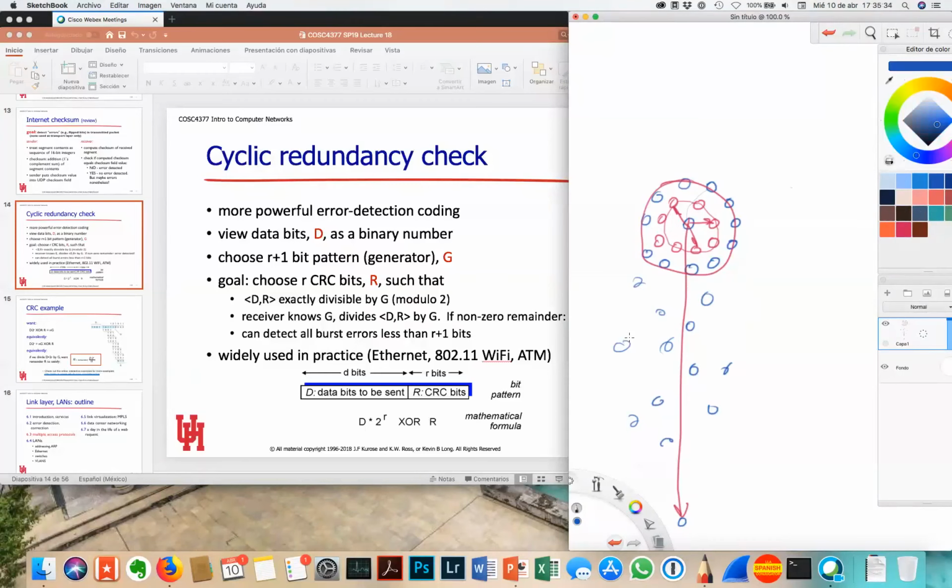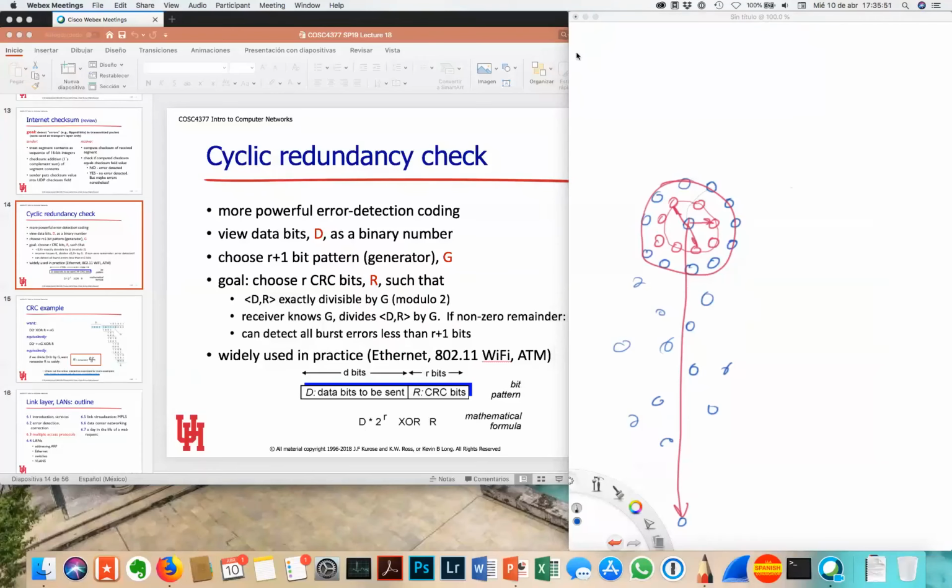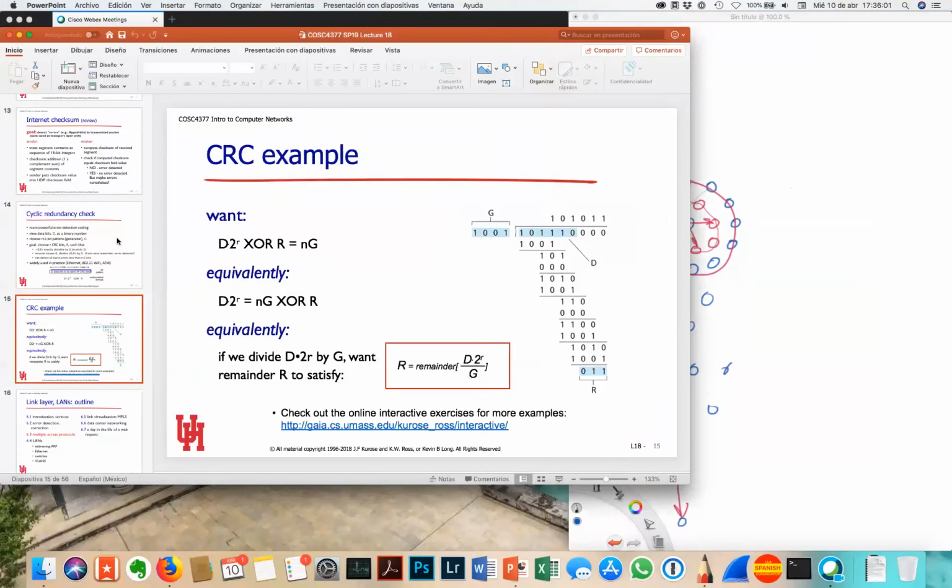They'll calculate the number, they'll divide it by the generator you've agreed on, they'll come up with the remainder, and it will not match. So either the remainder got changed or the contents of the packet got changed, but you're out of here. Third strike, you're out. Right? So that's kind of the idea of using number space separation to create more resiliency in your numbers. And that's one way to look at what a cyclical redundancy check does.